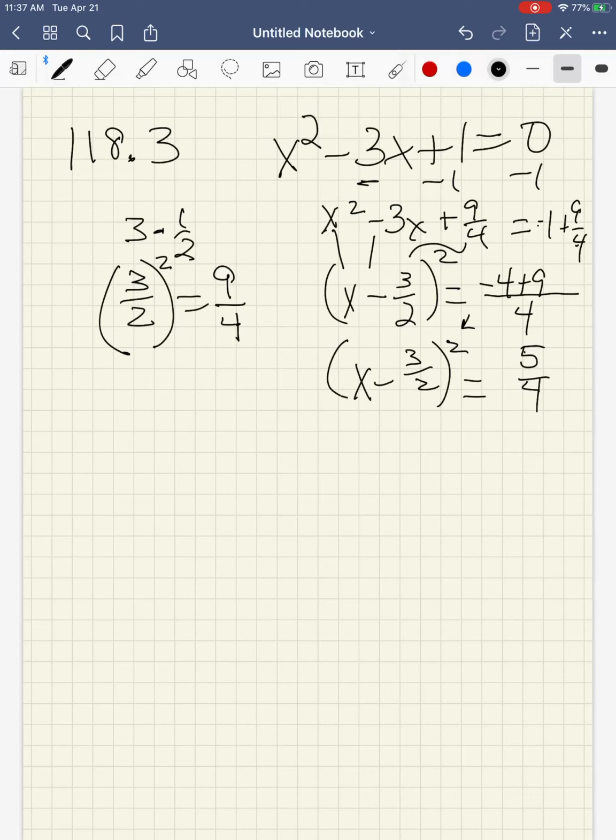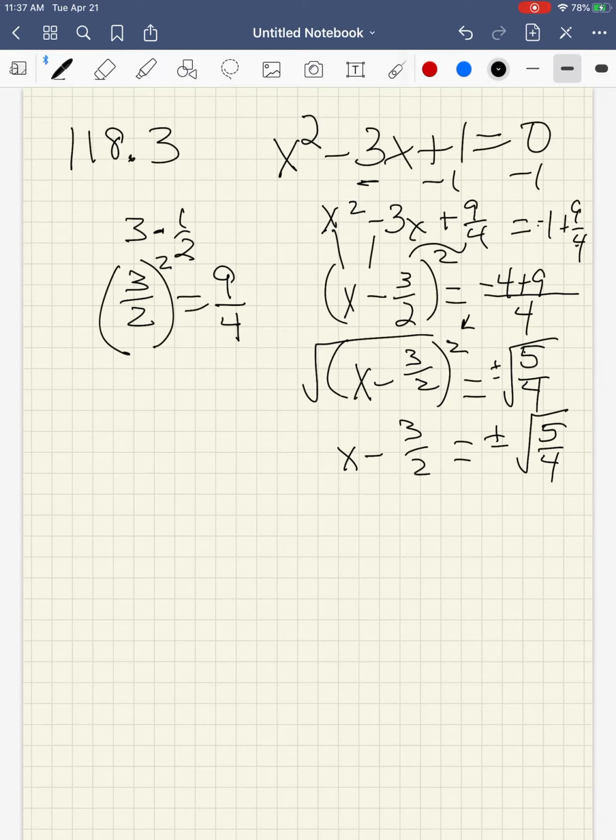And how do we get rid of this square? We take the square root of both sides. So when we take the square root of both sides, remember, we get a plus and a minus on a number. So this will be x minus 3 over 2 equals plus or minus the square root of 5 over 4. And again, what's the square root of 4? It's 2.